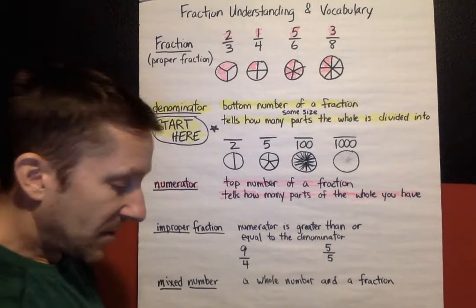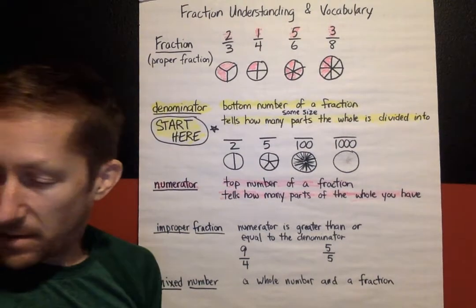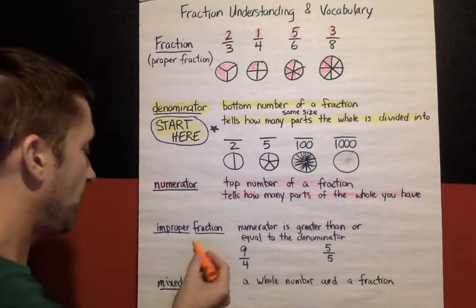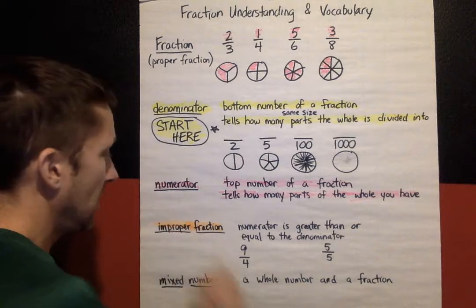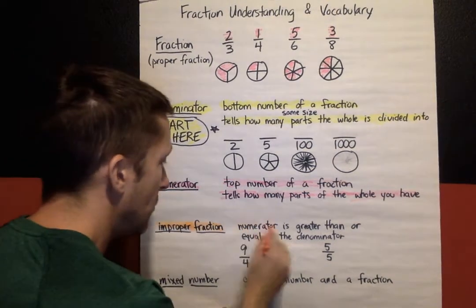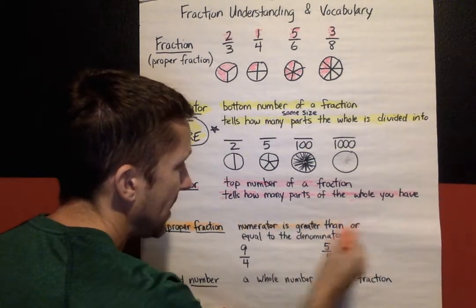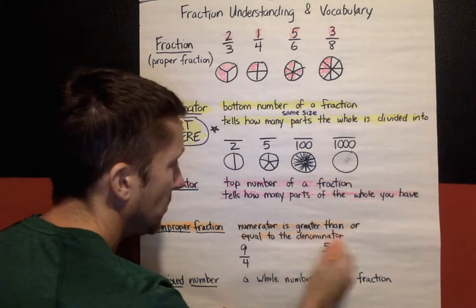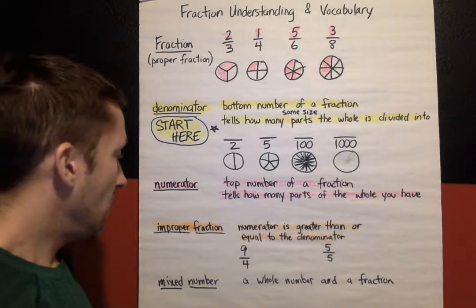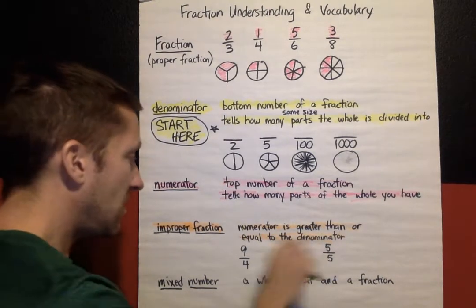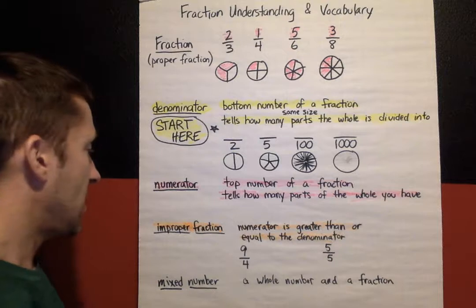An improper fraction is where the numerator is greater than or equal to the denominator. Most of the time it's greater than, but it could also be equal to the denominator.